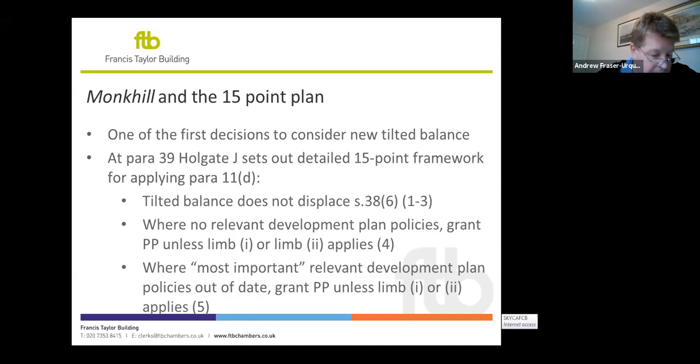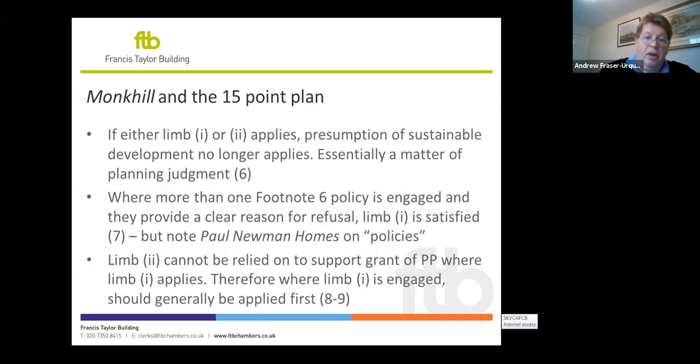Similarly, where the most important relevant development plan policies are out of date, and Esther's going to update us on each of these concepts, you grant planning permission unless Limb 1 or Limb 2 applies. Effectively then, number 6, if either Limb 1 or Limb 2 applies, then the presumption in favour of sustainable development no longer applies.